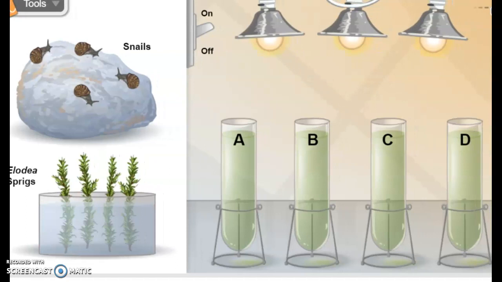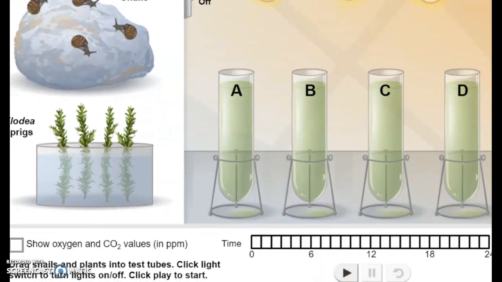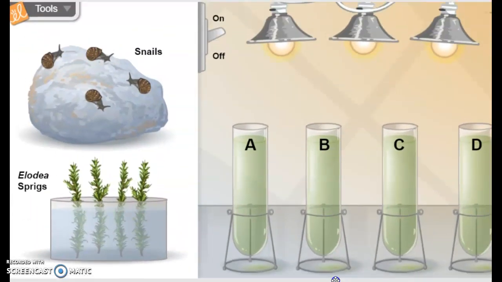Okay, so what we're going to take a look at here is just how the features of this particular Gizmo work. In the Plants and Snails Gizmo, each of the test tubes contains water and a small amount of bromothymol blue, BTB. BTB is a chemical indicator. An indicator changes color when the chemicals in the water change.